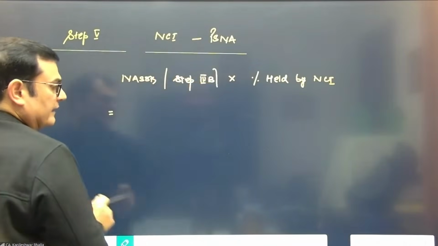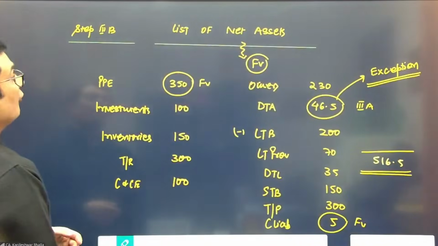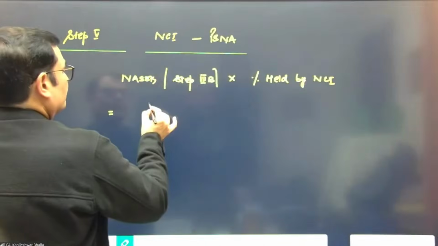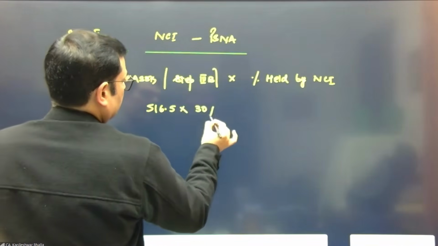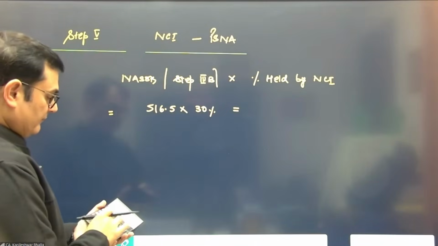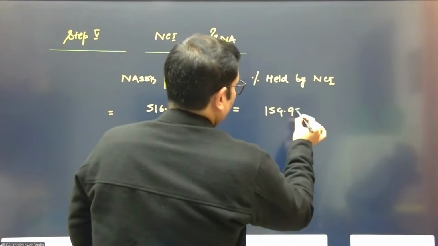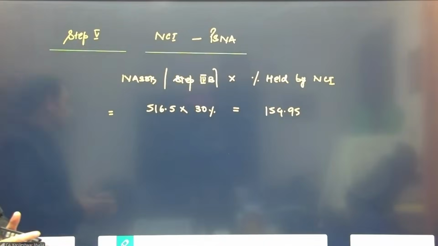So what was my net assets in step 3B? 516.5. So we take this 516.5 into 30%. That's going to give us the NCI figure as well. That works out at 154.95 lakhs. Great. Step number 5 is also done.